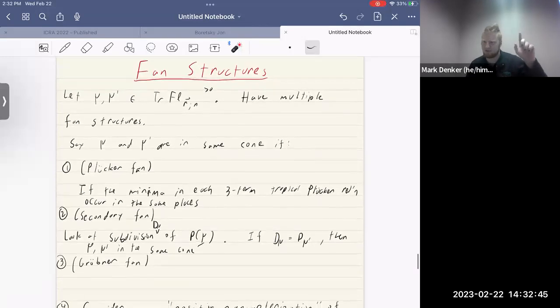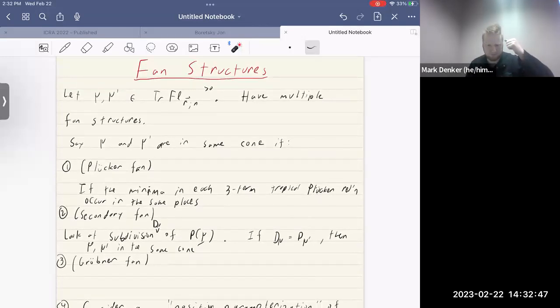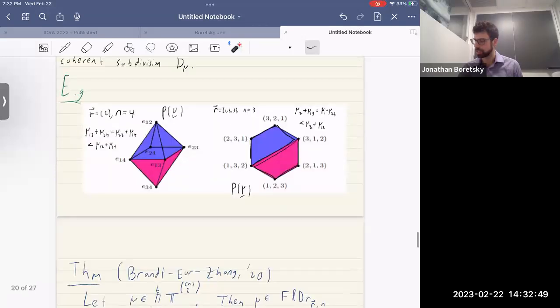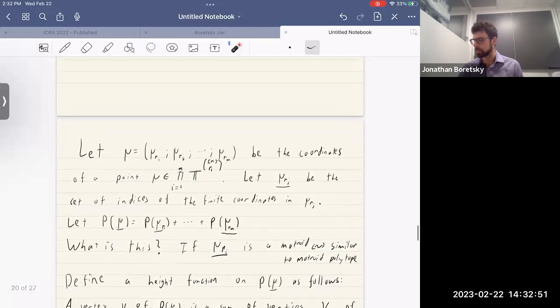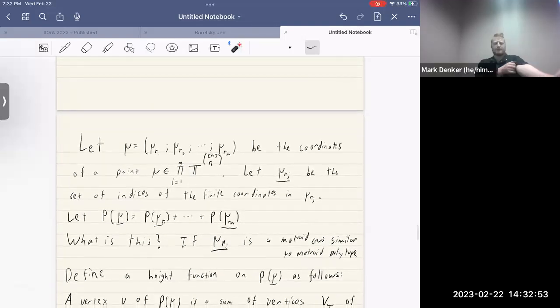So it was not the fans. Yeah, I scrolled the wrong way. Yeah. So we have these coordinates, and you threw out the infinite points, and then you said these things will give us something similar to a matroid polytope. I didn't quite follow in what way this is similar to a matroid polytope.